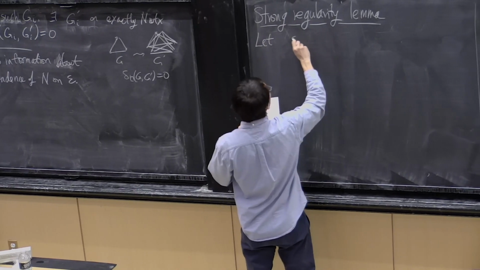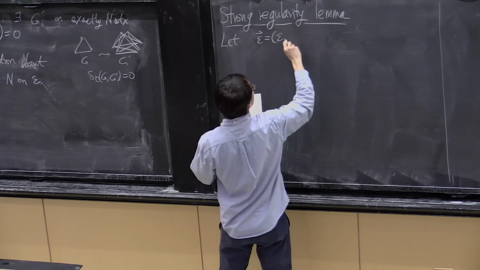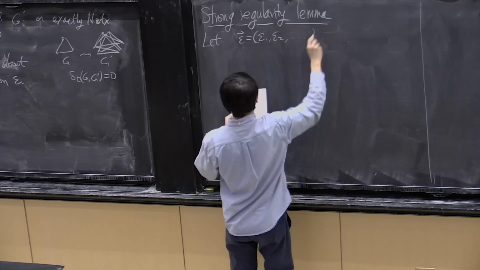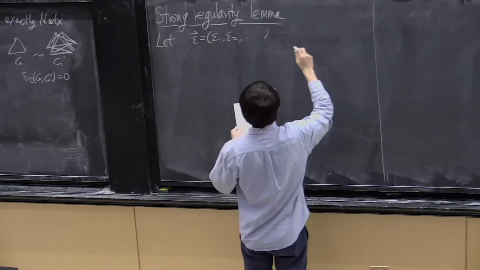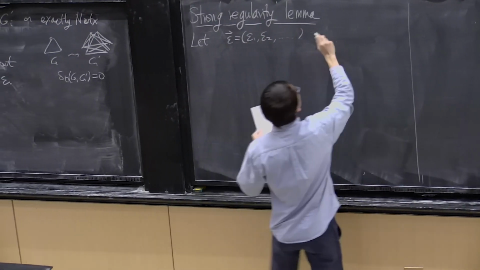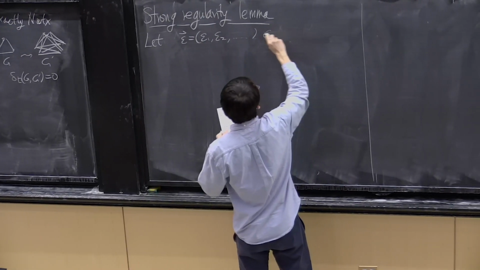Suppose I have a vector of epsilons. All of these are positive real numbers.